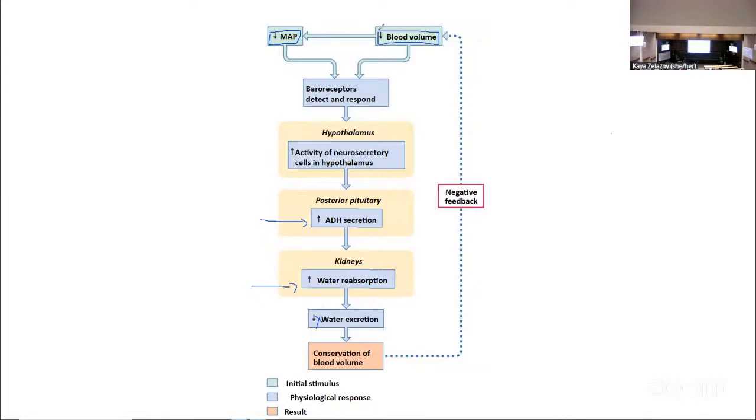So in these situations, we have low blood pressure, low blood volume. We have our baroreceptors that can sense this. So similarly, they activate these hypothalamic neurons that then communicate with the posterior pituitary, telling it to release ADH.